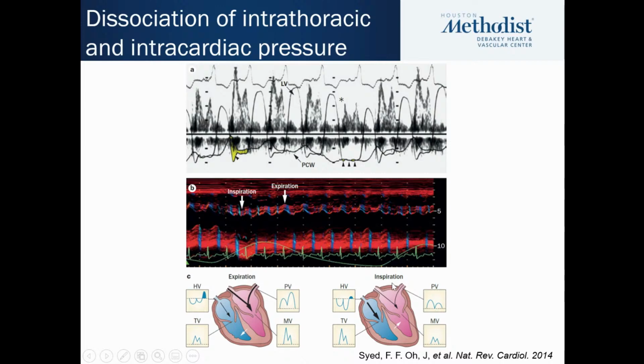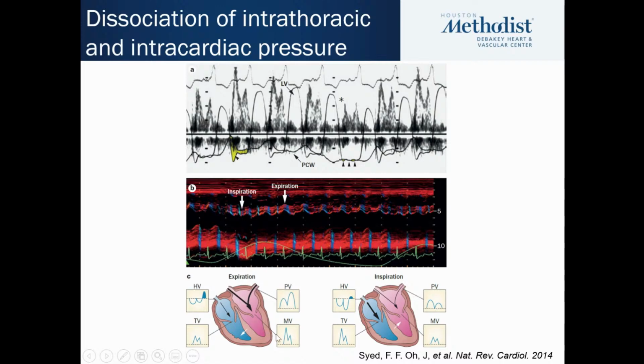So upon inspiration, like we said, there is loss of that normal gradient that occurs, and you'll have lower mitral valve velocities during inspiration with higher velocities on the tricuspid valve. You'll have systolic dominant flow in the pulmonary vein with a normal diastolic to systolic relationship in the hepatic vein, a small reversal in the atrial wave.